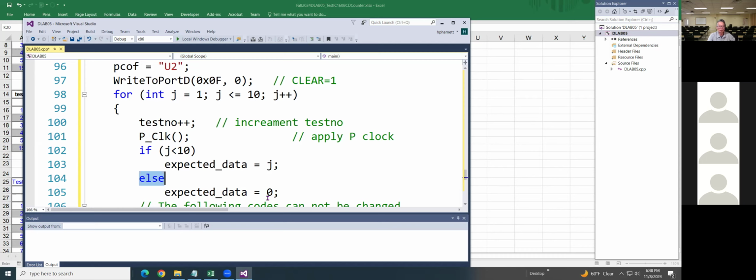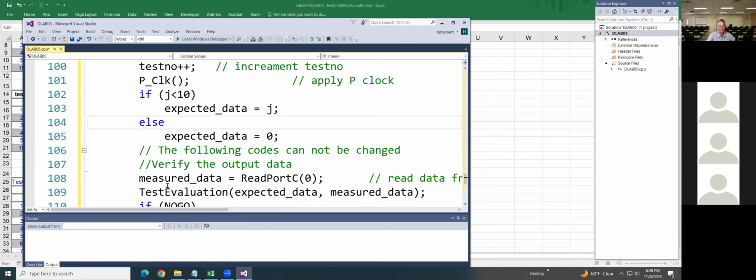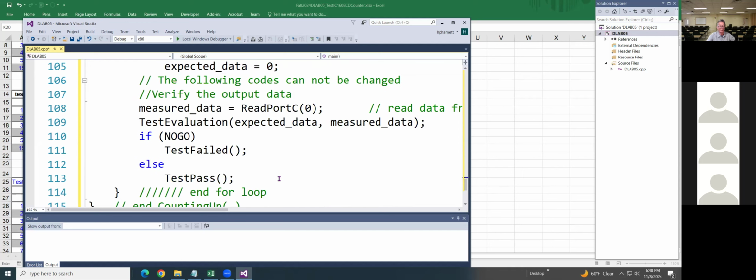Then you want the output to be 0. And then you read or whatever. Okay? So that will be done.